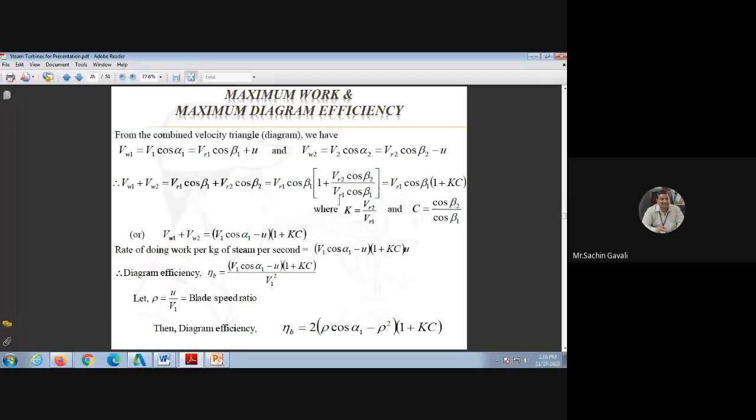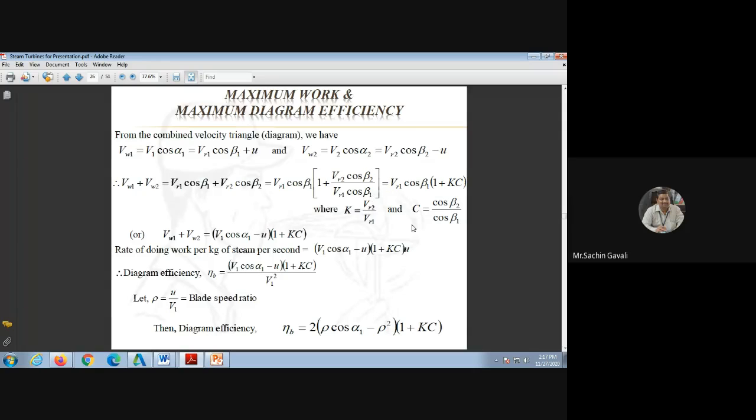Now we are defining these terms. VR2 upon VR1 is called K, the friction coefficient or blade coefficient. And cos beta 2 upon cos beta 1 is called constant C, and it depends on the blade angles, beta 2 and beta 1.